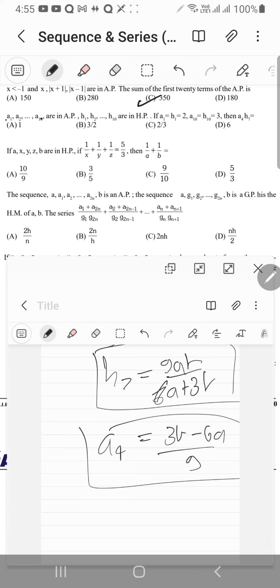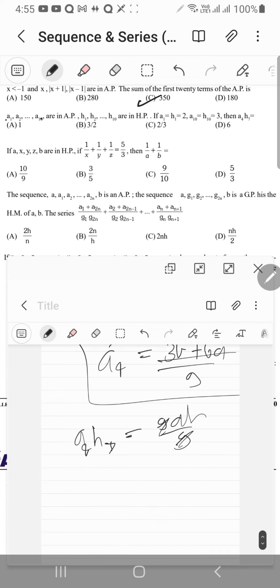Multiply these out. Oh, it should be positive over there. Yes, same stuff. That is 9ab upon 9, which is ab basically. And a and b are 2 and 3, so this is 6 basically.